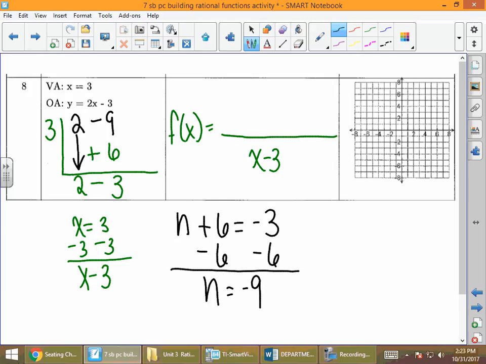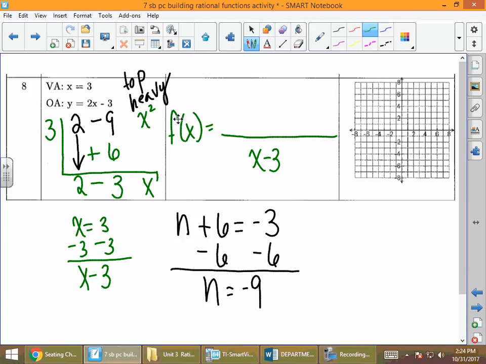And remember, we need our degree to be 1 more than what we have on the bottom. It needs to be top heavy. In this case, I should write that down. Top heavy. This is x to the first. So what did we start with?